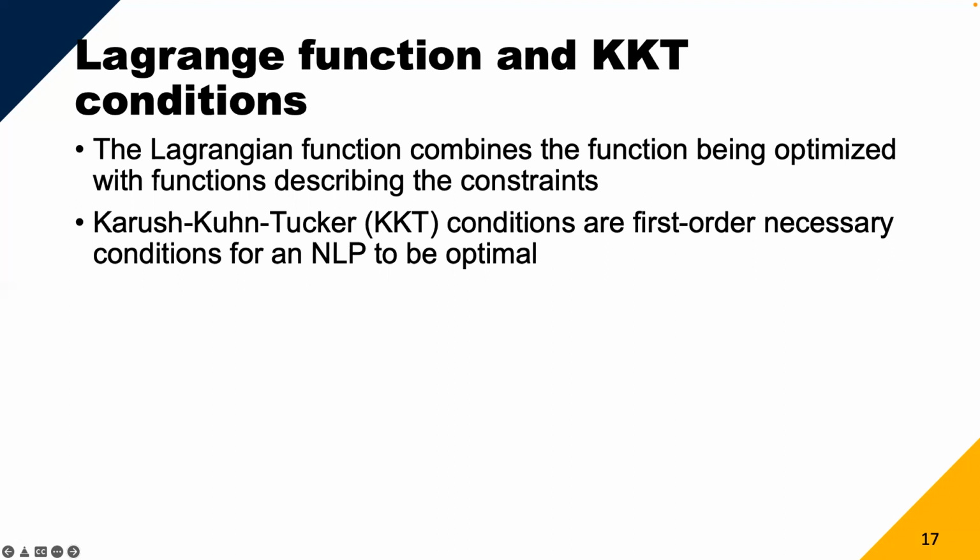You can think of it as orienting the optimization so that I can shove my constraints into my objective function. There are a bunch of conditions that you have to fulfill to make sure that it's optimal.